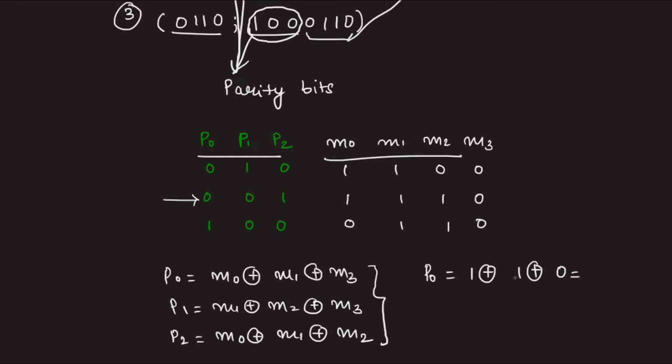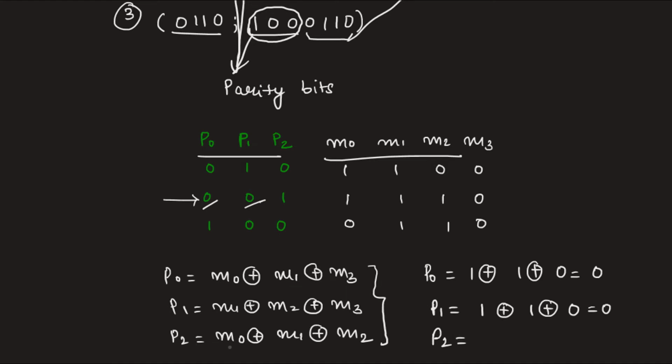So 1 XOR 1 is 0 and 0 XOR 0 is 0. So P0 is 0. P1 should be M1 XOR M2 XOR M3. So M1 is 1, M2 is 1 and M3 is 0. So 1 XOR 1 is 0 and 0 XOR 0 is 0. So P1 is 0.